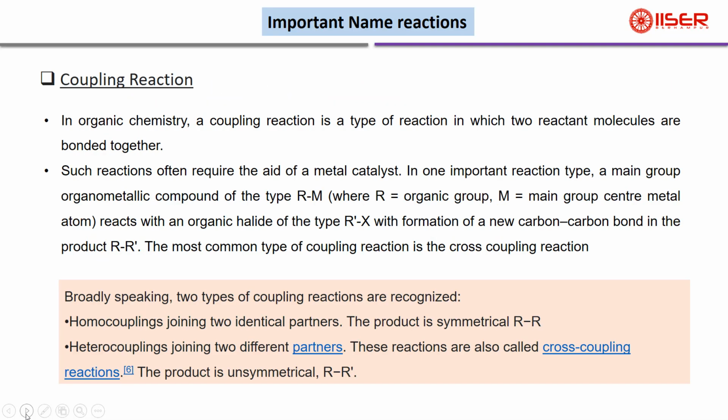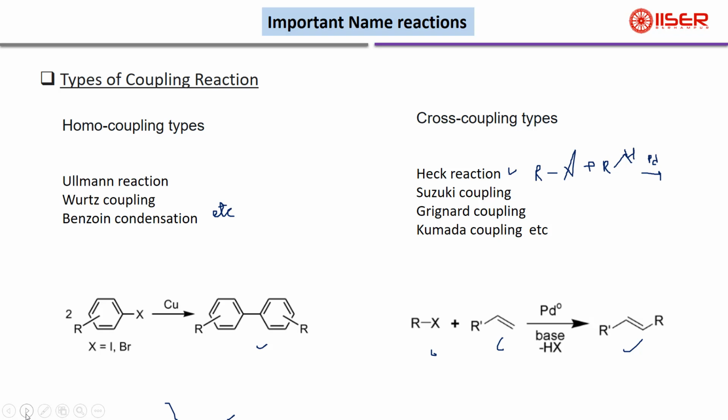In the last class we started discussing the coupling reactions. There are two types of coupling. One is homocoupling, another is cross coupling. Homocoupling means when two components combine with each other. And when two different components combine with each other, that is called cross coupling.